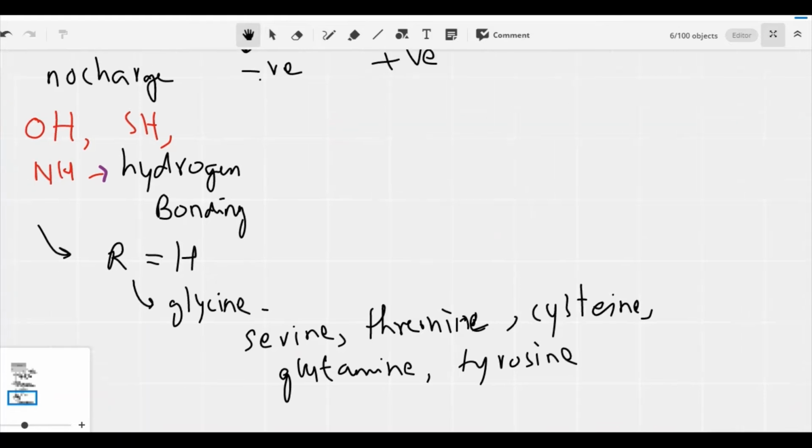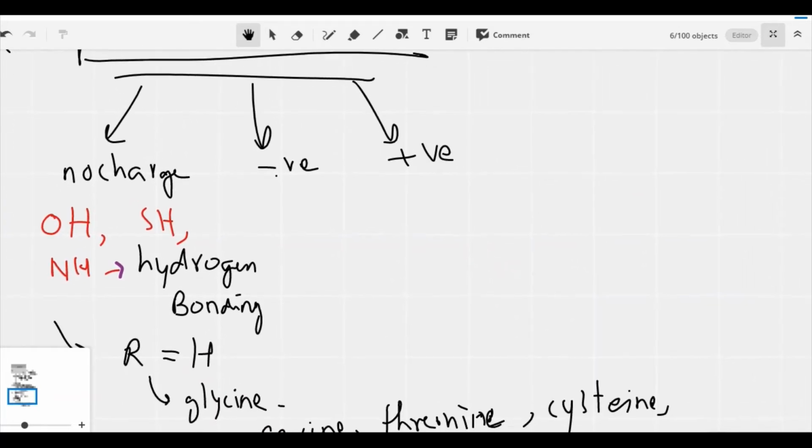So these are included in the polar with zero charge, or no charge, group.